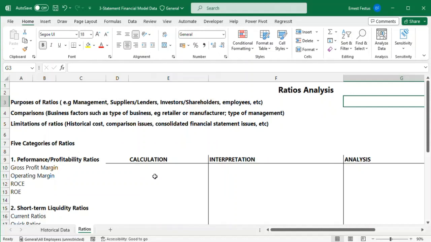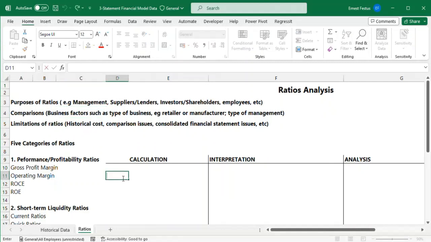Now, then there comes the issue of factors that usually influence ratio analysis. We can have business factors such as the type of business.